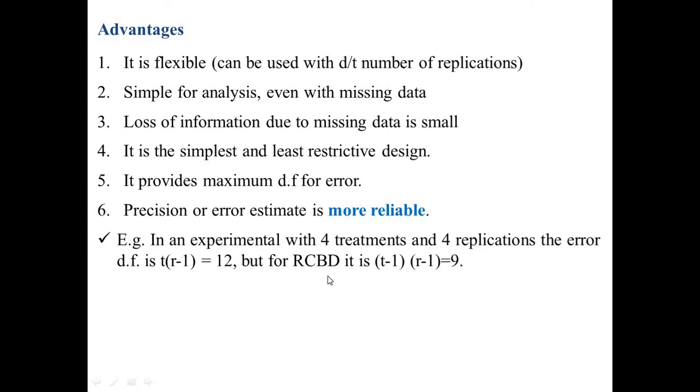The error degrees of freedom is important to calculate the mean square values, and the mean squares are very important for estimating the F calculated value. In such cases, higher values are indicative of a more reliable experiment.